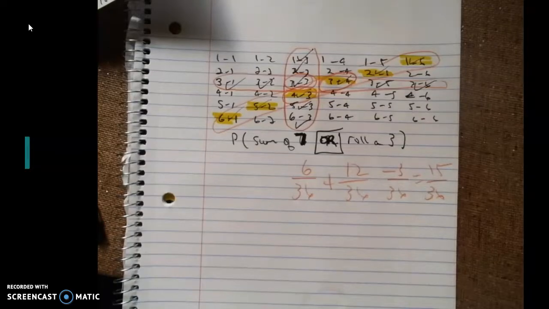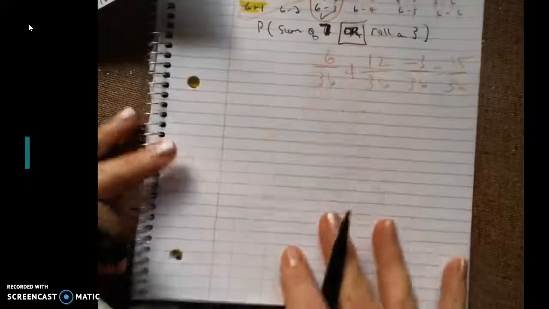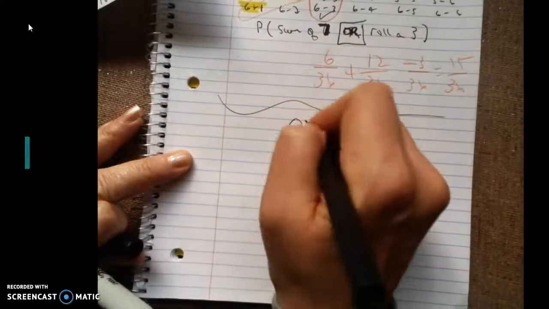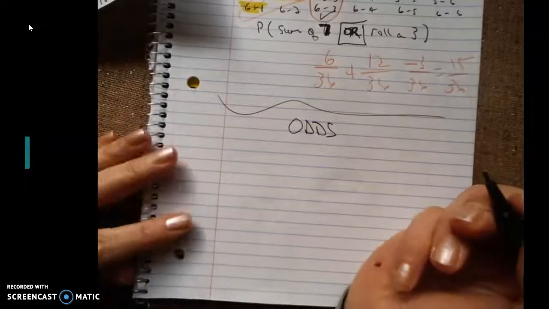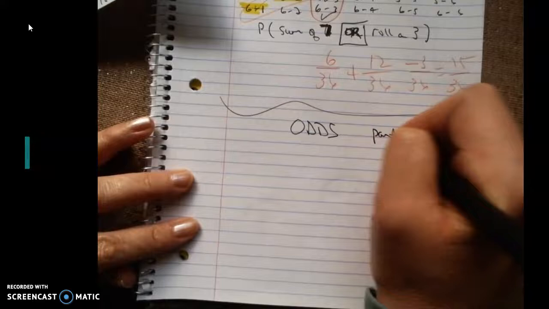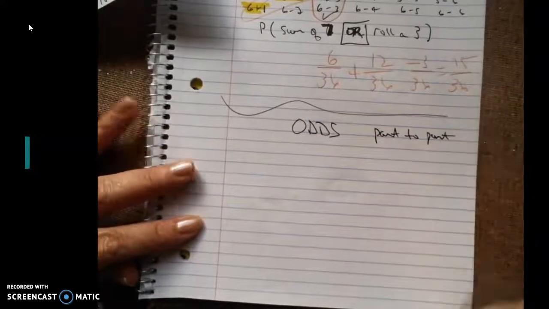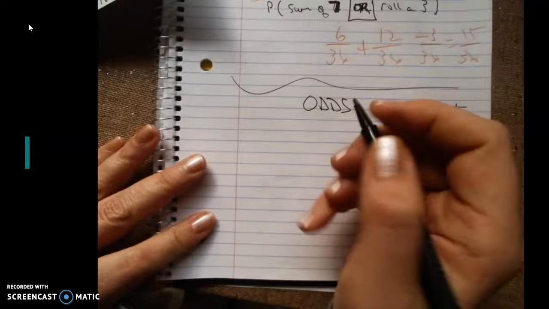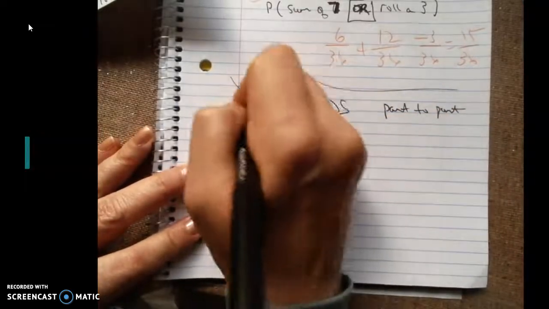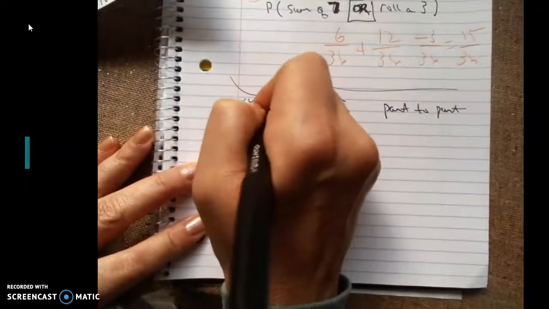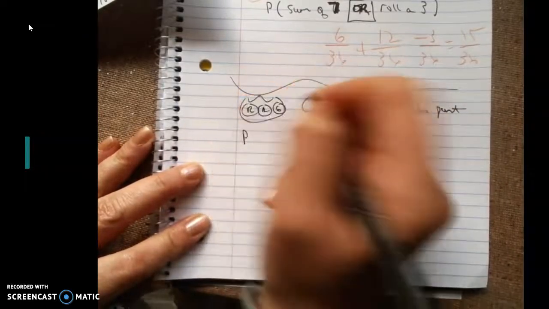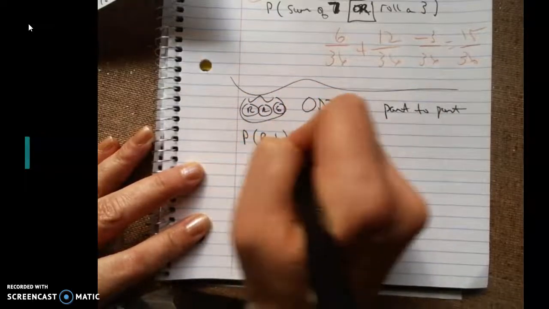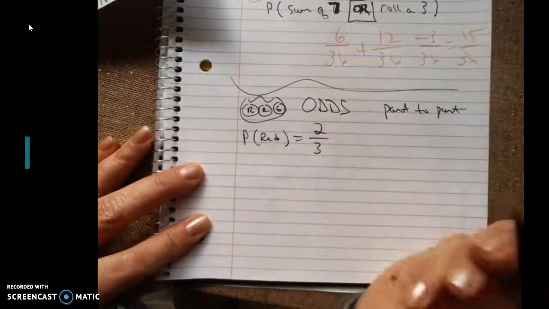All right, let's talk about odds for a second. Odds are not probability. Odds are part to part. So it's more of a ratio of good to bad, yes to no, win, don't win. Say we have some marbles again: red, red, and green. Your probability of getting red is 2 chances to win out of 3 total.